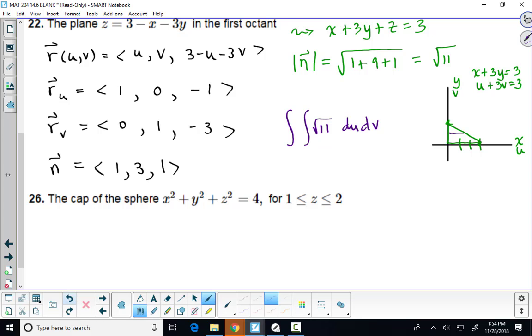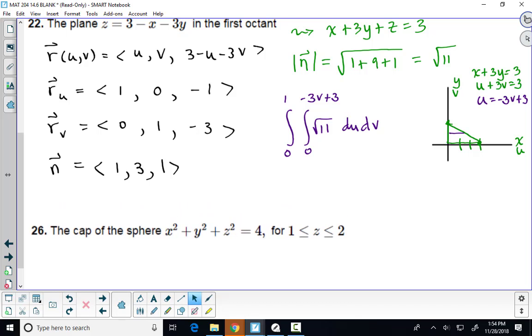So then v is going to go 0 to 1, and u is going to go, let's see, from u equals 0 there, to u equals minus 3v plus 3. And there it is.